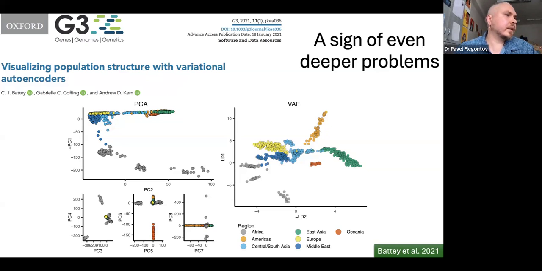So on data collected at the same time, in this case on present day data for mosquitoes or for humans. Here I'm showing results for humans, and they compare PCA with a machine learning technique, so-called variational autoencoders, on the right.